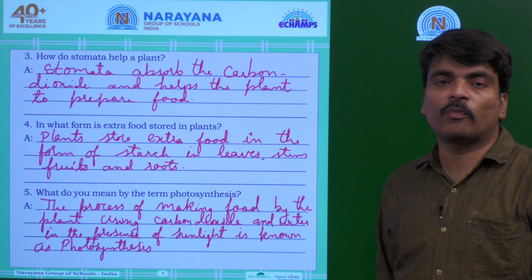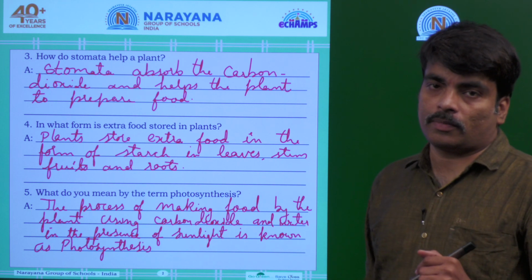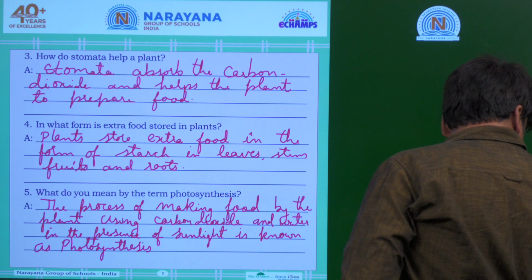Photosynthesis is a process of making food by the plants in the presence of sunlight using carbon dioxide and water. We move on to the next one.